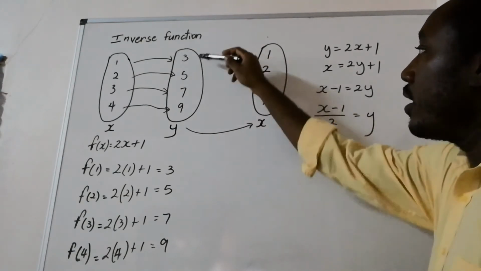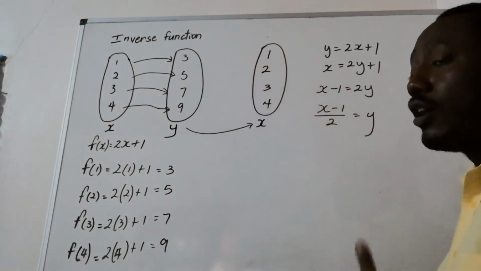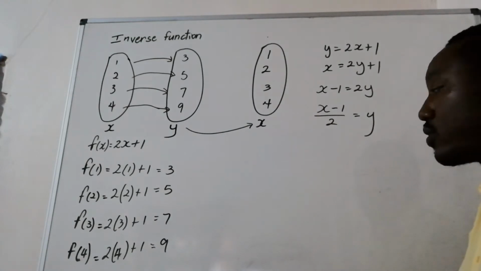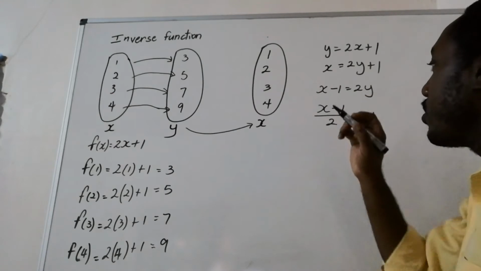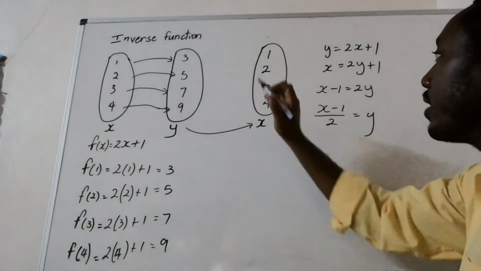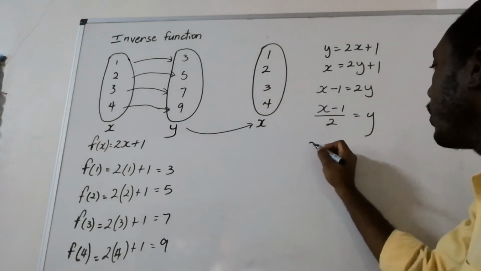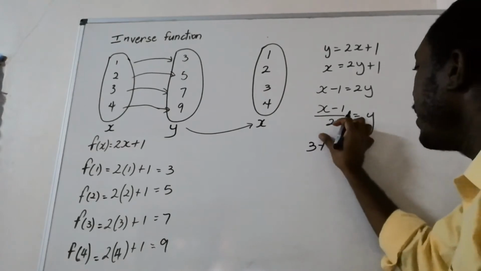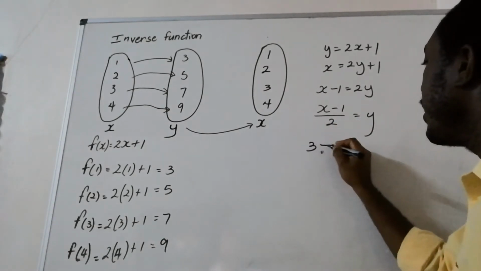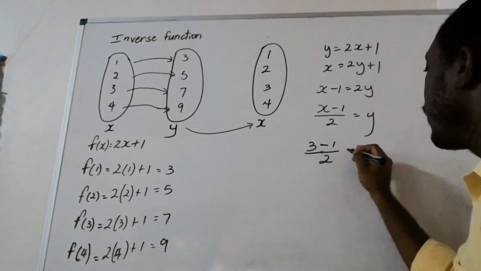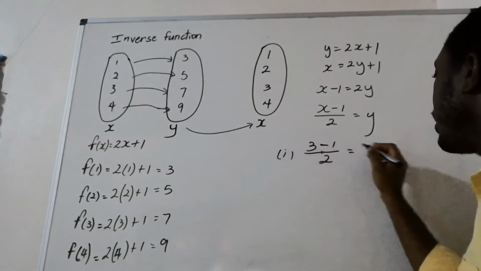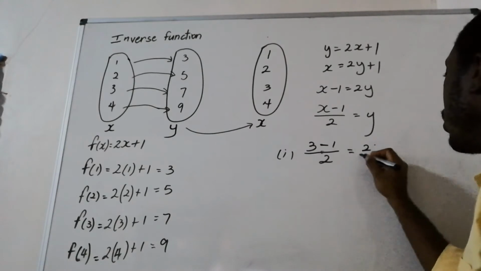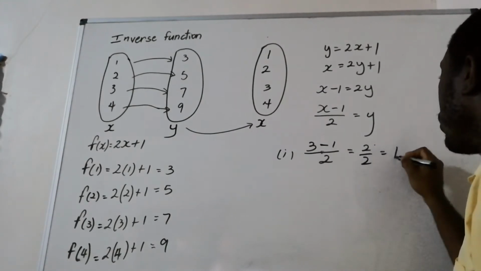So 3, 5, 7, and 9 become our input values. Let's see the output when we do that. So let's substitute 3 into this function. We have 3 take 1 divided by 2. That will give us 3 take 1, that's 2 over 2, which is equal to 1.